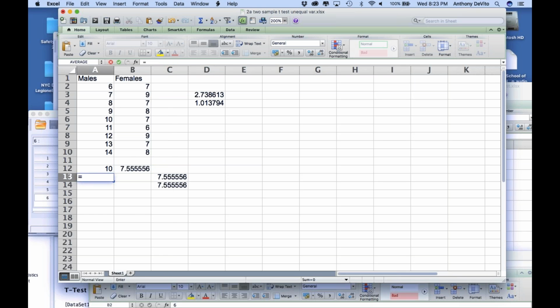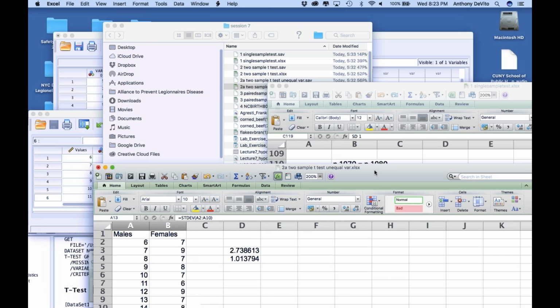But now let's calculate two standard deviations. And it turns out, oh, look at this. They're very different. One's almost 3 times the other. So maybe I can assume equal variances for these two groups. Well, let's try it in SPSS.